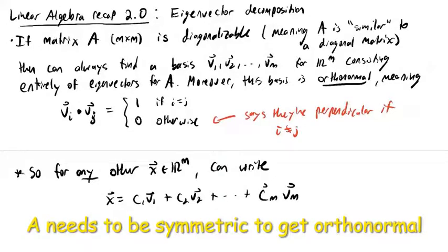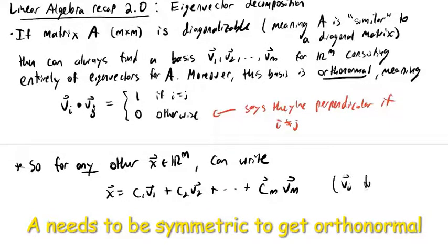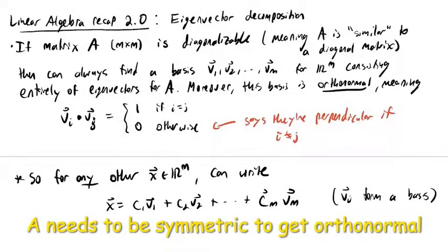This is just because they form a basis. Right, and so any vector in the space I can decompose as a linear combination of eigenvectors for the matrix, right? And so this is what I mean by eigenvector decomposition.